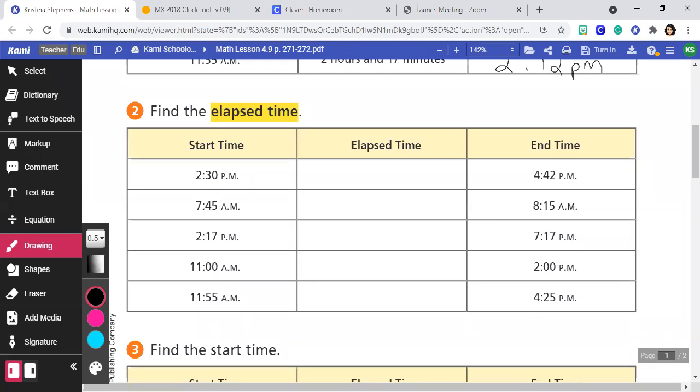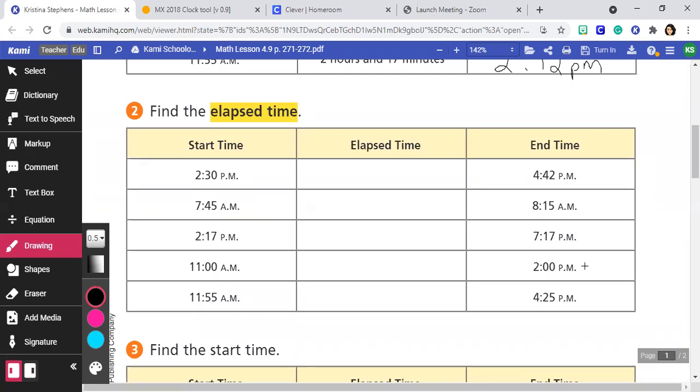This is where we are going to start needing to think about the difference between the minutes and the hours. So if I look at my end time, I'm going to have to work backwards now. And working backwards means a little bit of subtraction here.